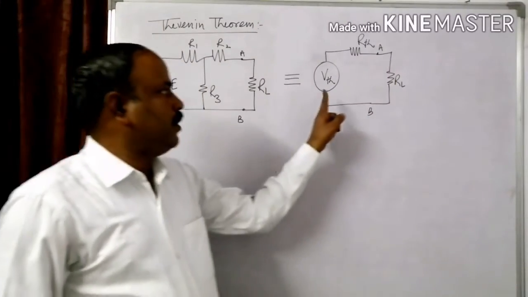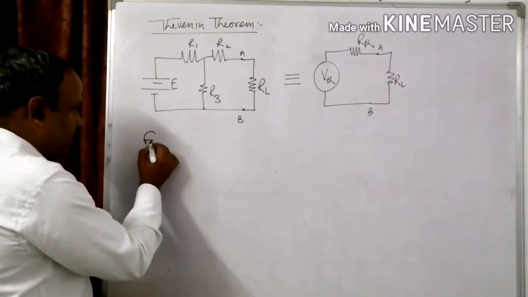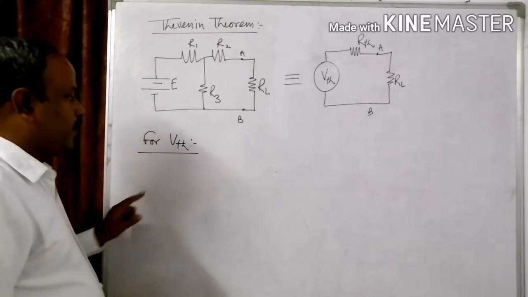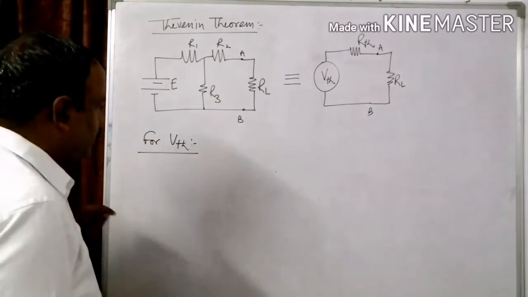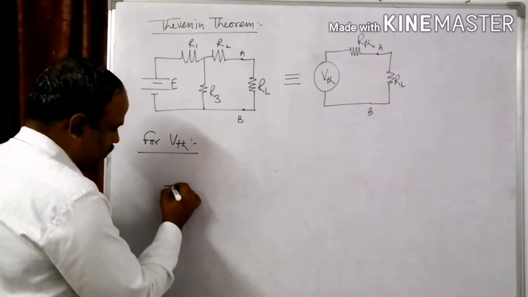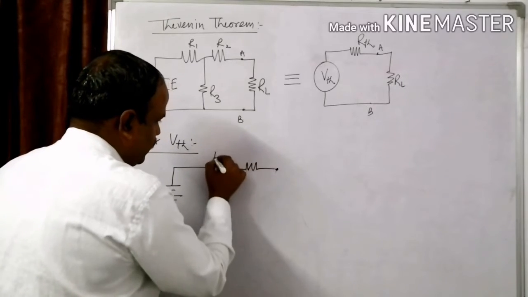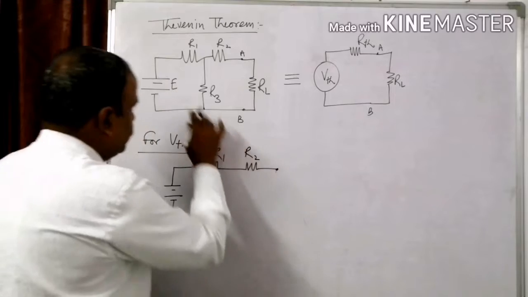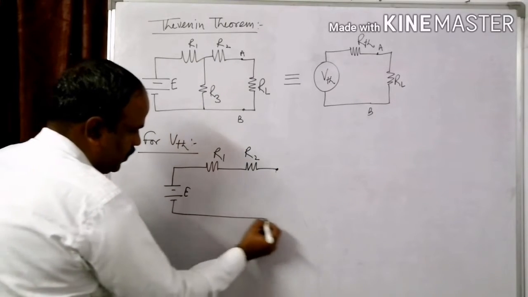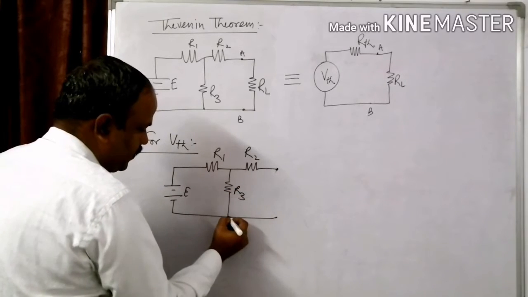So for the calculation of VTH, the Thevenin equivalent voltage, how to calculate it? I am drawing a circuit containing resistances R1, R2, voltage source E and third resistance R3.